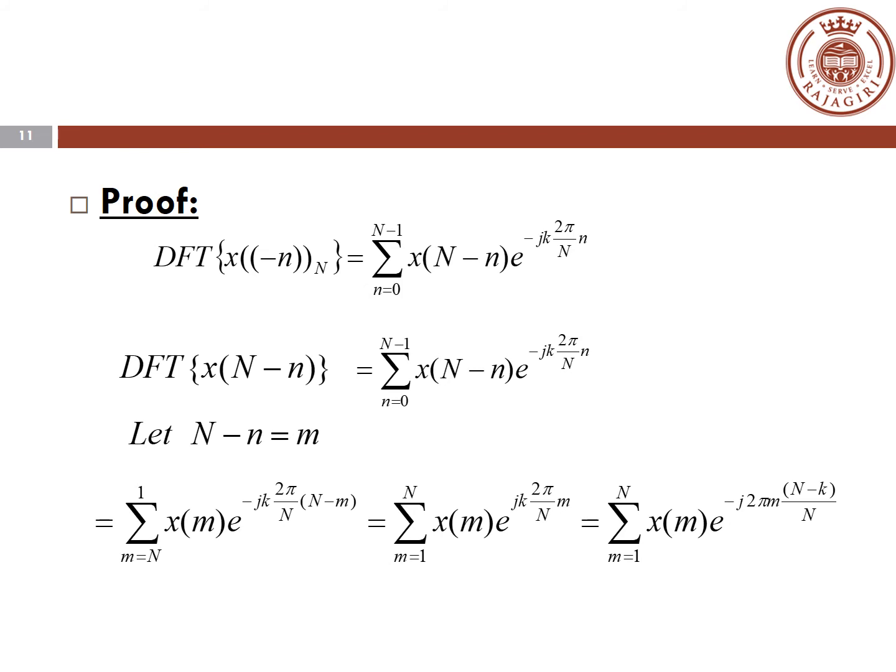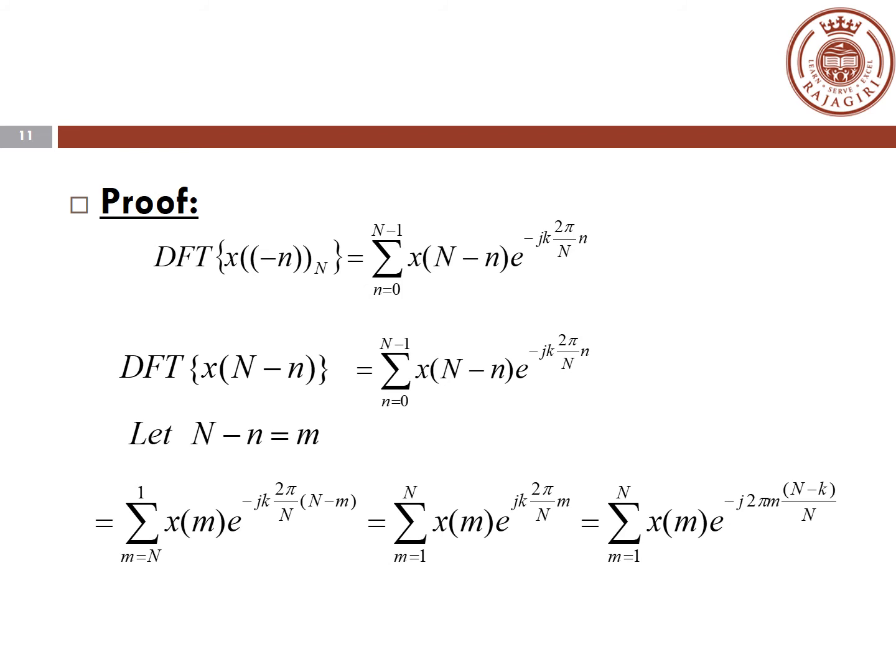Now the summation from N to 1 is the same as 1 to N, of x of m. This can be divided into a multiplication of two exponentials, as I have discussed earlier. e raised to minus jk 2 pi by N into capital N will turn out to be 1. So this part will go to 1. What is left is only e raised to jk 2 pi by N into m.